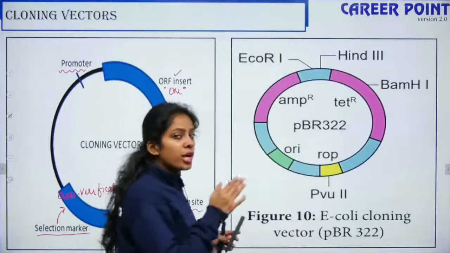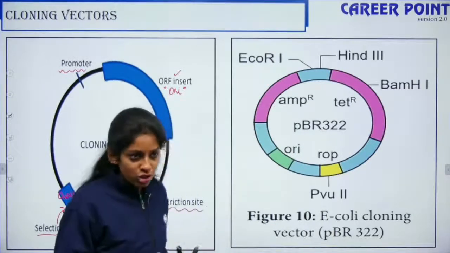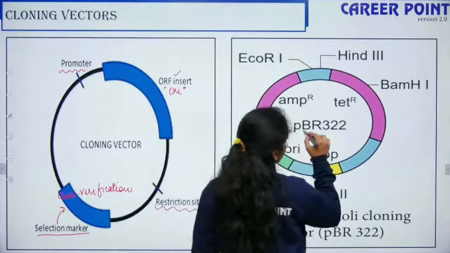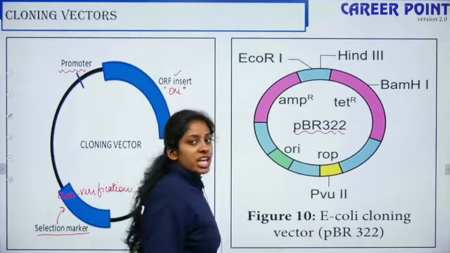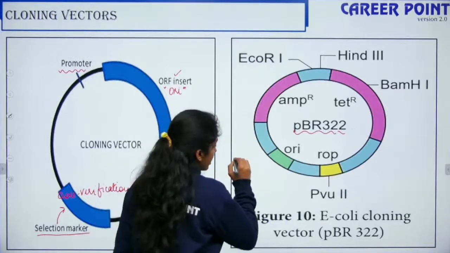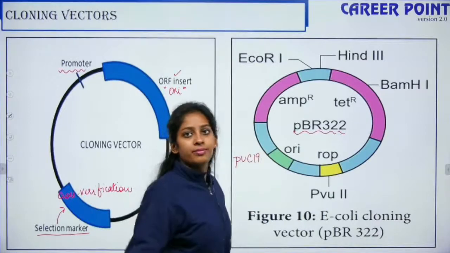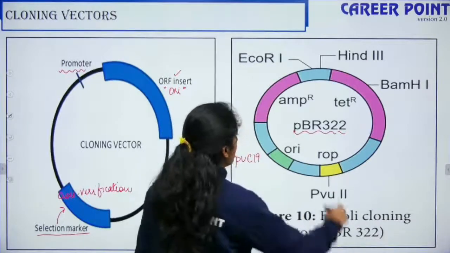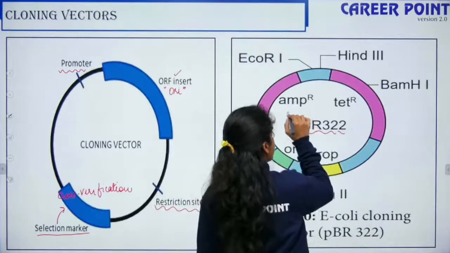One of the first plasmids that was artificially engineered was pBR322. Another plasmid which was engineered was pUC19. Okay, so now what does this stand for? P stands for plasmid.